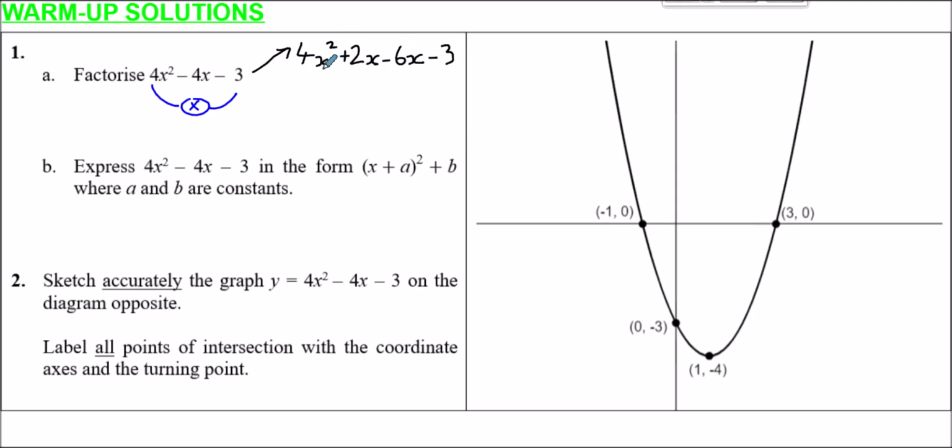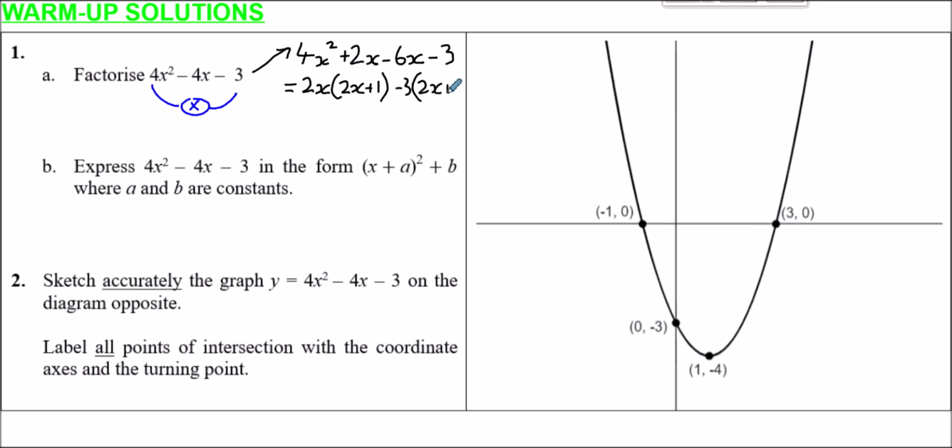Now this bit will factorise, has a common factor of 2 and an x. So it becomes 2x brackets 2x plus 1. And this bit here, minus 6 and minus 3, have a common factor of negative 3. So we can factorise out that negative 3 and write 2x plus 1.